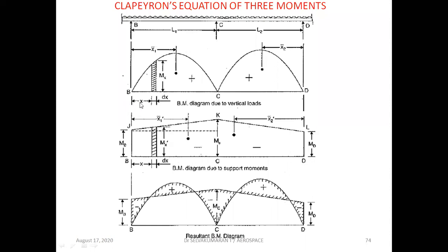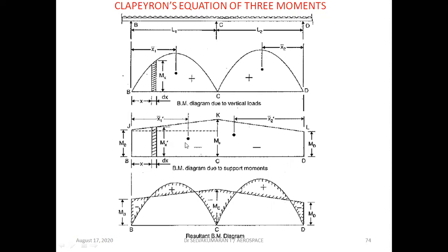Similarly, here at the same location from the left end B at a distance x, dx is the small strip we are considering, and Mx dash is the bending moment at a distance x from left end B. So this is the bending moment diagram due to support moments, and x1 bar dash is the CG distance of this area on span 1, that is span BC.